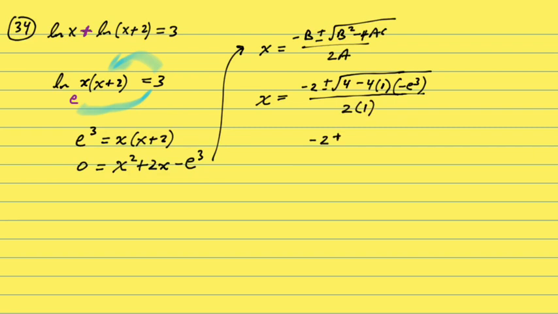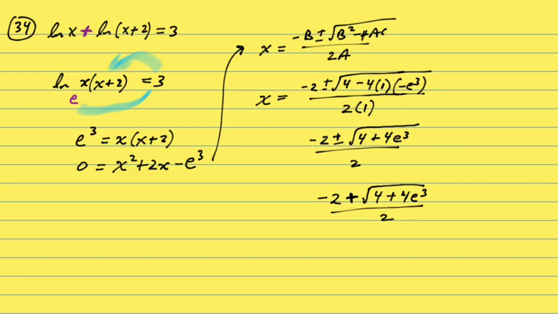So negative 2 plus or minus the square root of 4 plus 4e cubed, all over 2. I hope you've done enough to know that you need the bigger one. The bigger one is the one that says plus, not the one that says minus. The reason you want the bigger one is the smaller one probably is going to be negative.